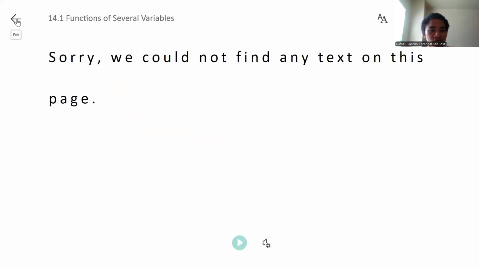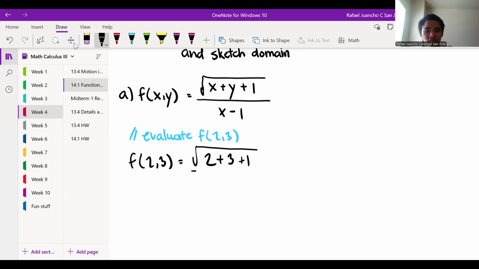Well, what did I do? Okay. There, I plug it in, then my x is a 2, 2 minus 1, 2 plus 3 is 5, plus 1 is 6, so I get square root of 6. So that's my output. Oh, it's f of 3 comma 2, my bad.